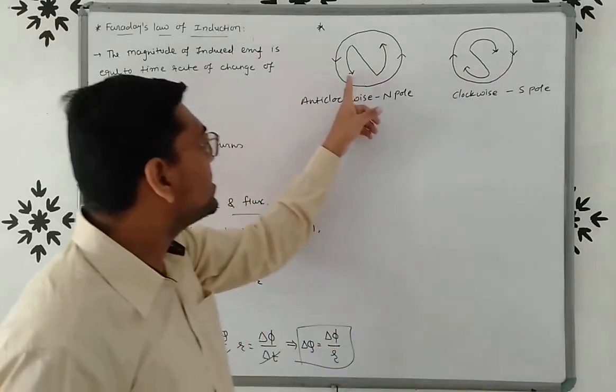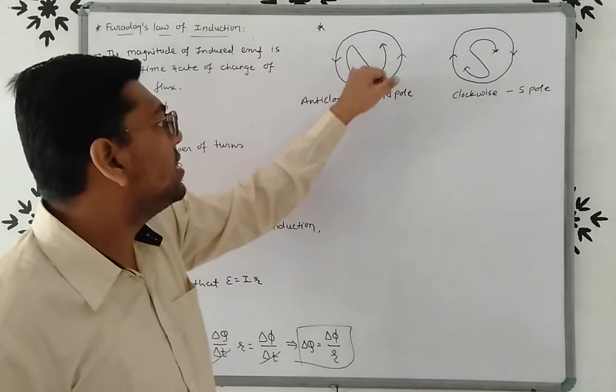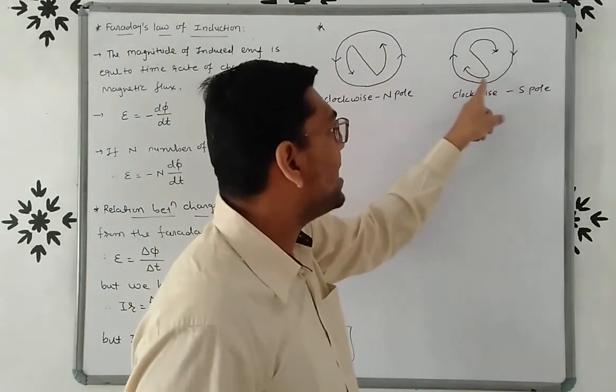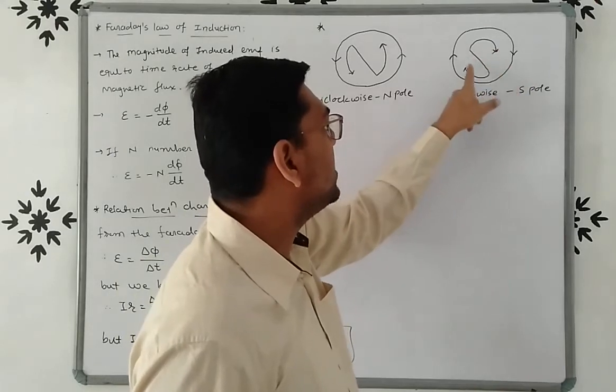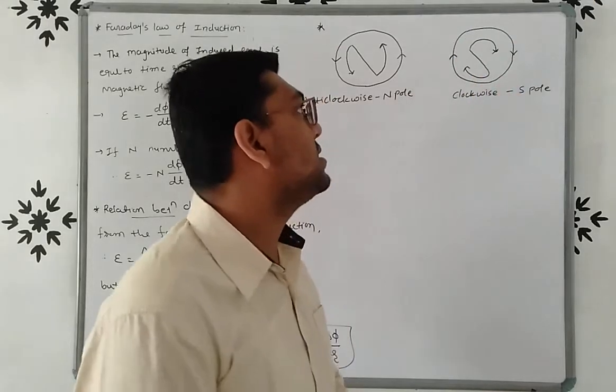The design is like this. Here this is the N pole, so you can see that the direction is anti-clockwise, and here is the design of the S, so from this you can see that the direction is clockwise.